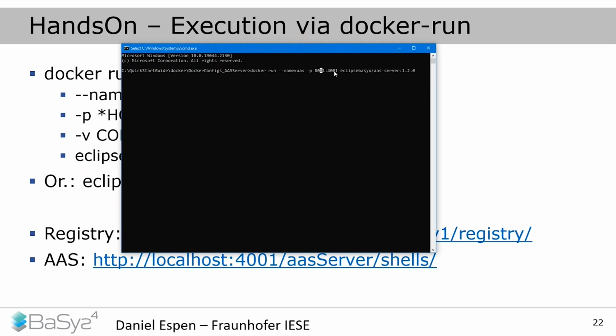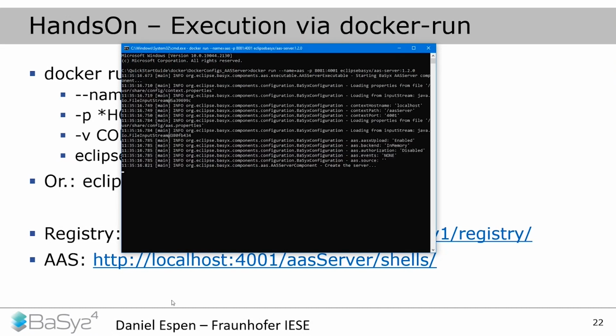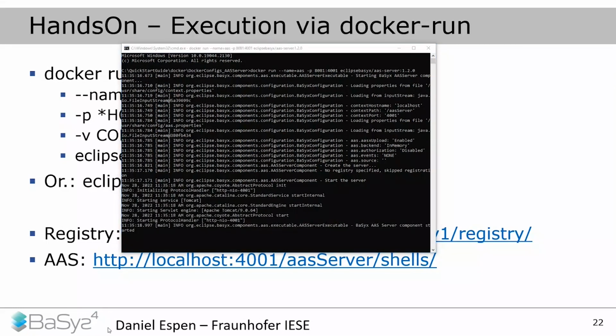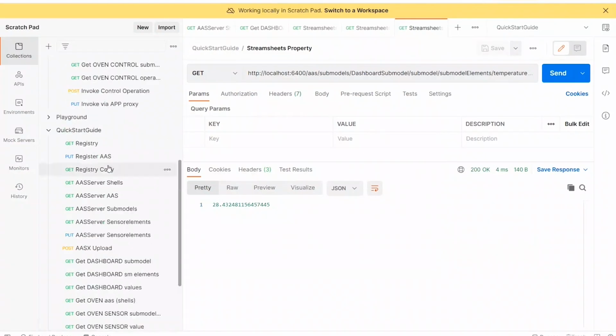So basically you tell it how you can access this component from your machine. And then it starts the off-the-shelf component with some default configuration. And yeah, you have run an asset administration shell server.